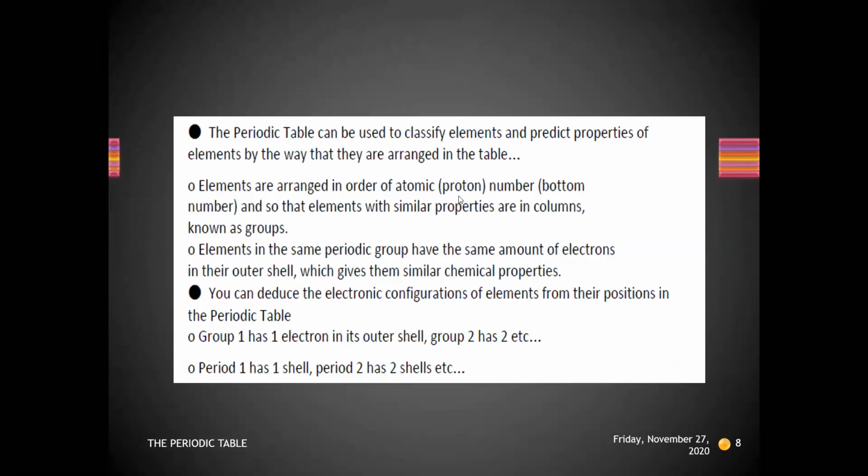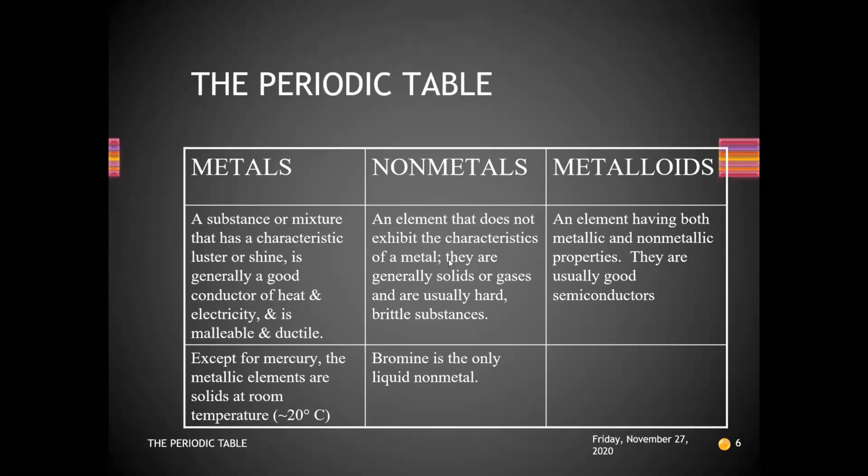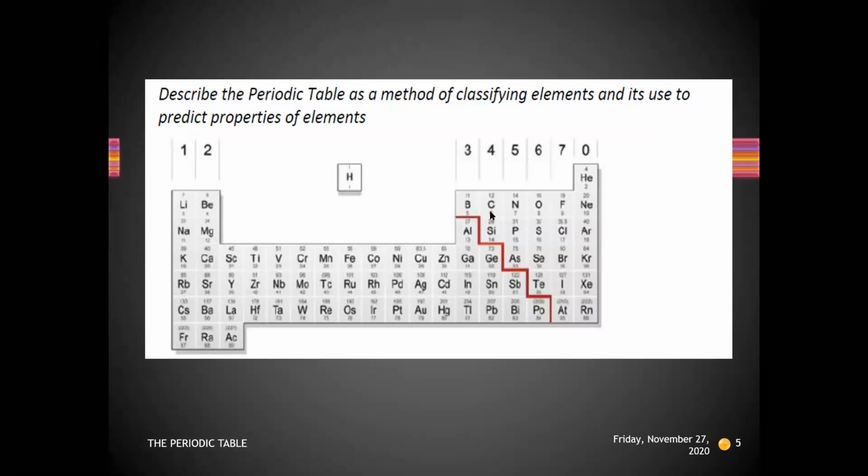And you can deduce the electronic configuration of an element from its position in the periodic table. How can we deduce it? For example, if I say I have silicon, silicon is in group 4 and period 3.